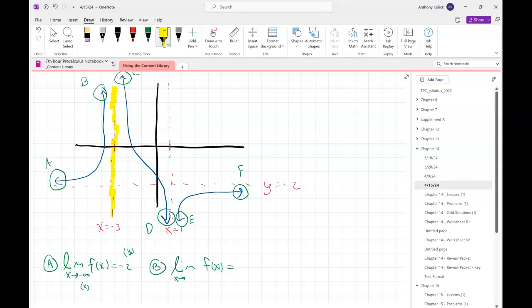It looks like it's pointing at this vertical spot right here. The arrow's vertical. So it should be -3. Everybody good with that?